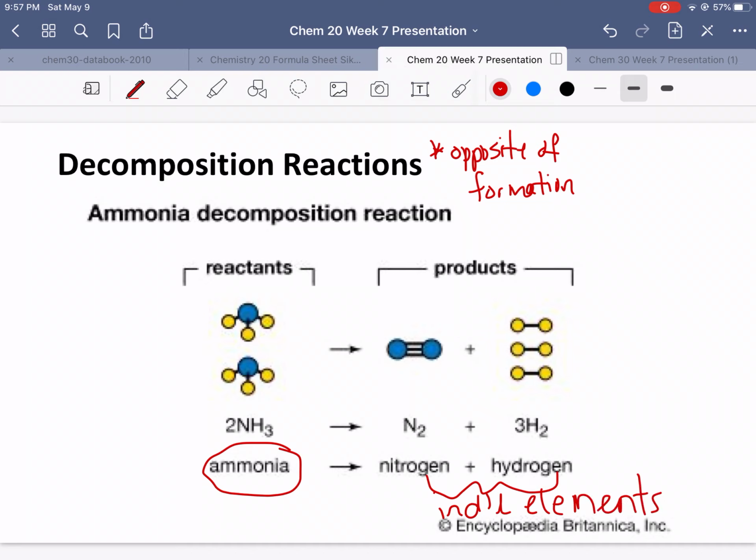So don't get mixed up. This shows the decomposition of ammonia. When it breaks down, you're going to get N2 gas. It's a diatomic molecule. You're going to get hydrogen gas, diatomic molecule. The conservation of matter always has to play out. So the number of atoms going in has to be identical to the number of atoms going out.